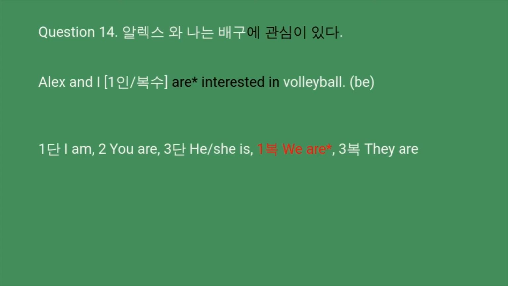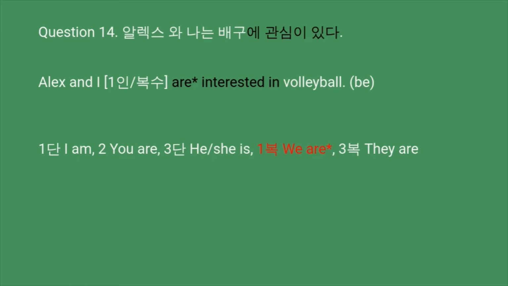So looking again at question 14, how do we translate this phrase 무엇에 관심이 있다 into English? So we use the phrase be interested in, using the verb be. So we can make the phrase Alex and I are interested in volleyball.